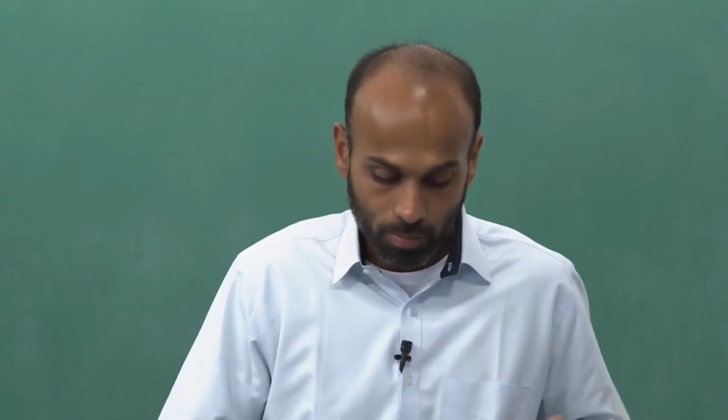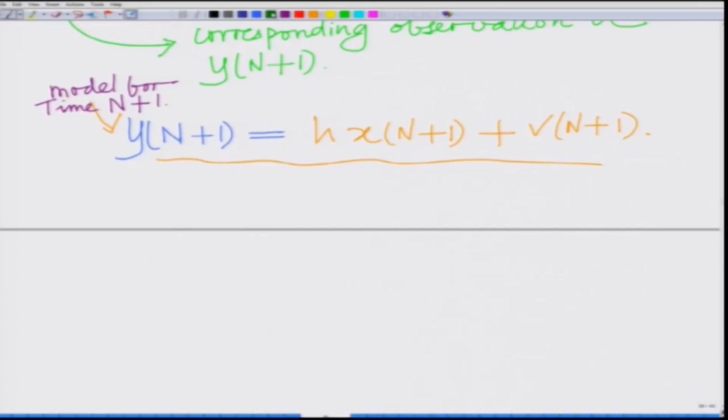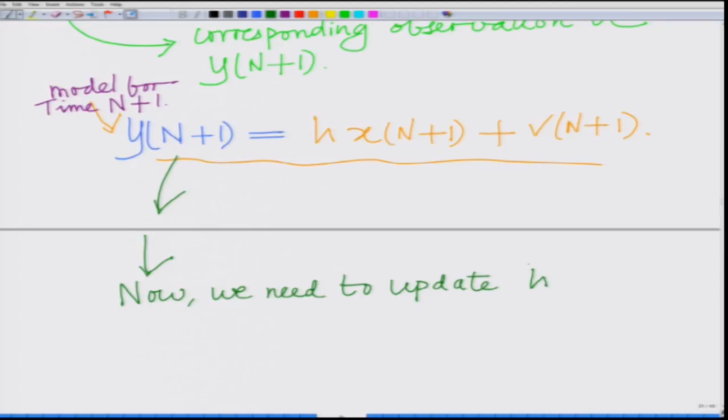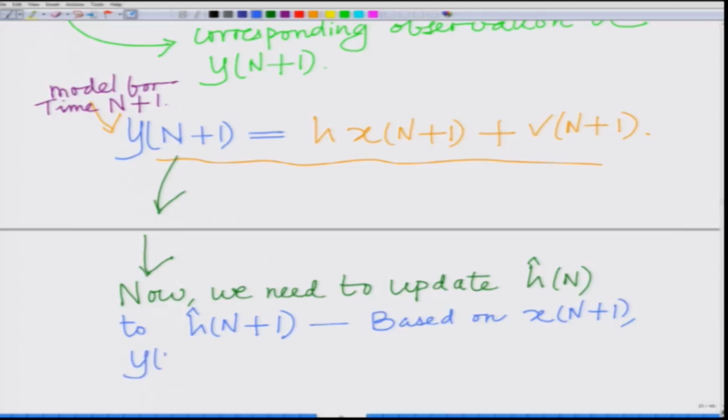So, the task in sequential estimation is that we need to update h hat of n to h hat of n plus 1 based on x of n plus 1 and y of n plus 1.